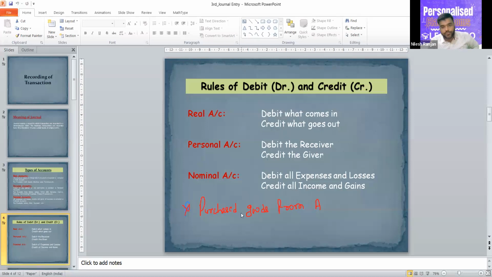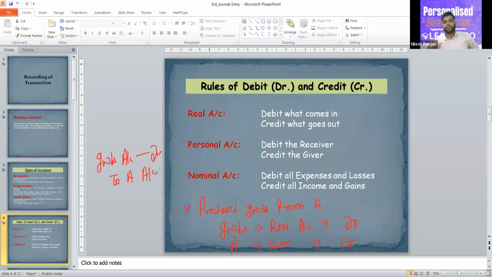Because we purchased goods, goods are coming into our business. Goods is a real account, and if it comes in, it will be debited. A is the giver here, and it is a personal account, so it will be credited. So we can write the journal entry like this: goods account debit to A account.